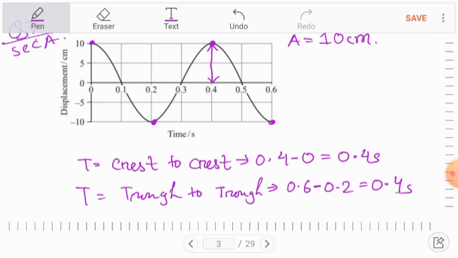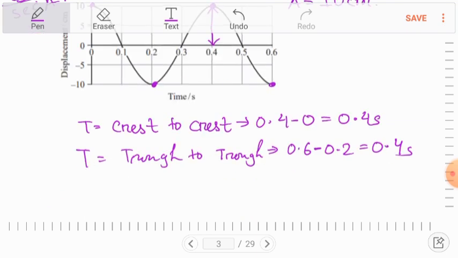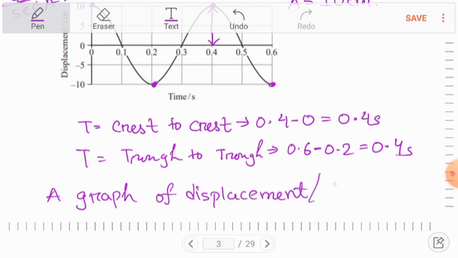Option D says the wavelength of the wave is 0.4 meter. Now the graph provided for question number 7 doesn't provide any information for wavelength, because in order to find the wavelength of a wave from a graph, the graph has to be of displacement against distance.